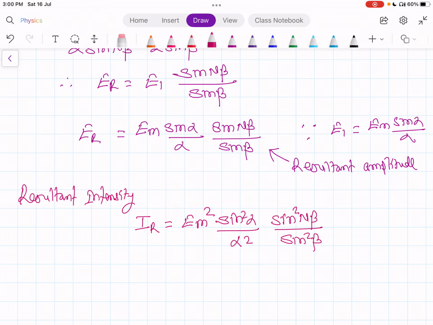Now this intensity equation consists of two components.